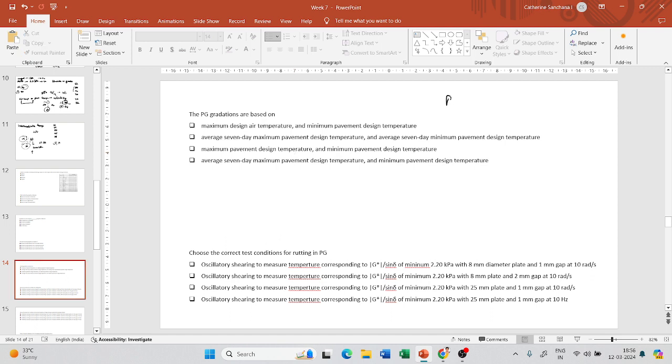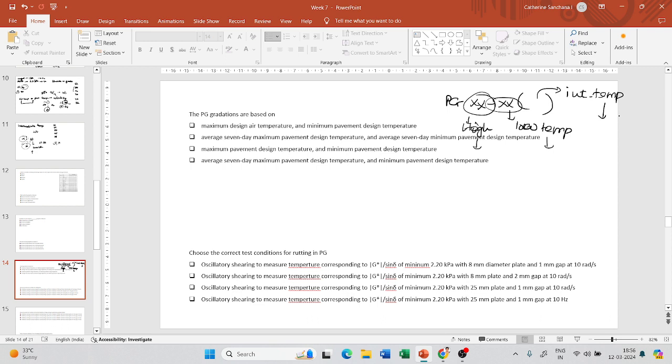When you say PG, you will express it like this. This is my high temperature and this is my low temperature. Minus something is my low temperature, and you will give something in brackets which is your intermediate temperature.